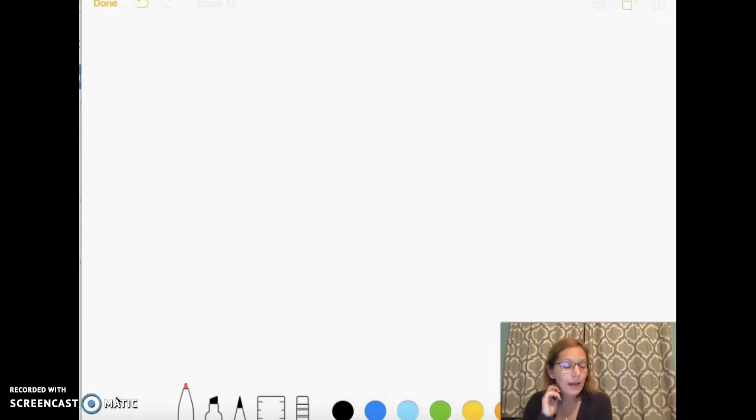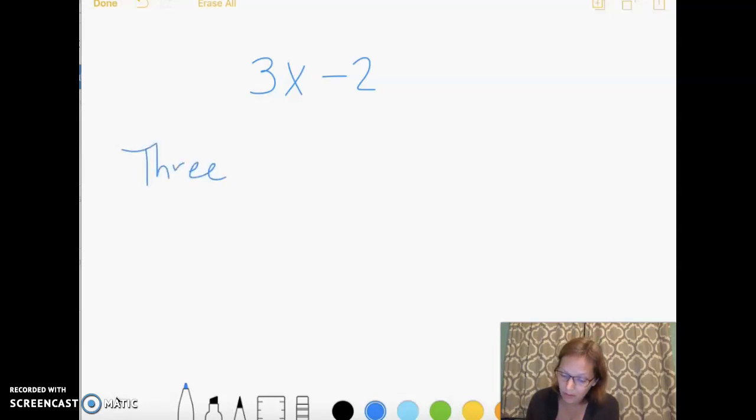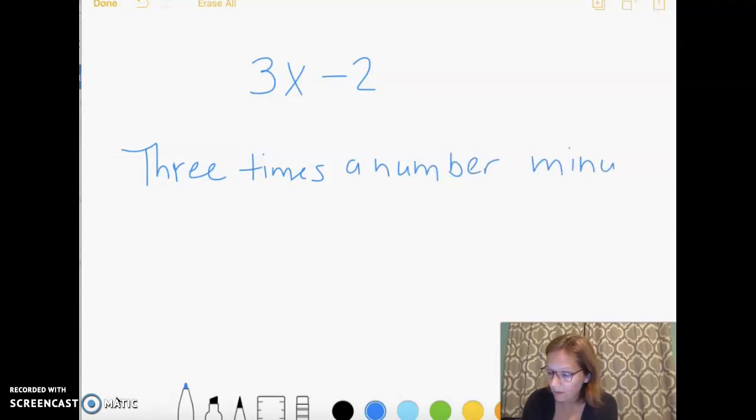Then you're going to have to take an algebraic expression and write it into a sentence. So you might have this is your expression and you have to turn it into a sentence. So I'm going to say this is 3 times a number, my variable, minus 2.